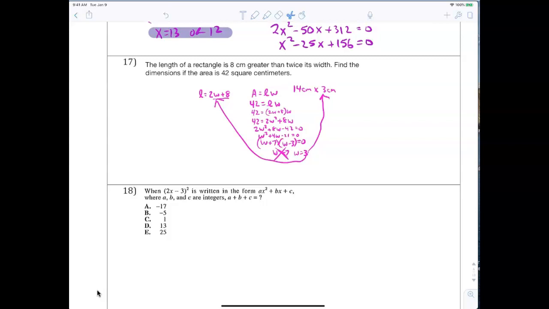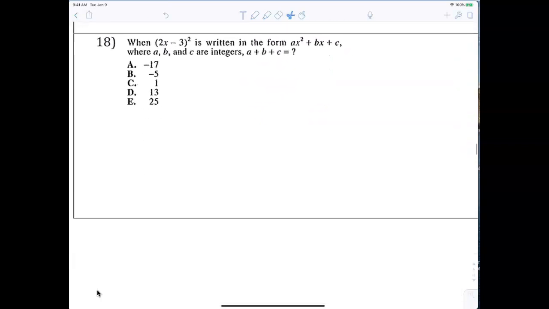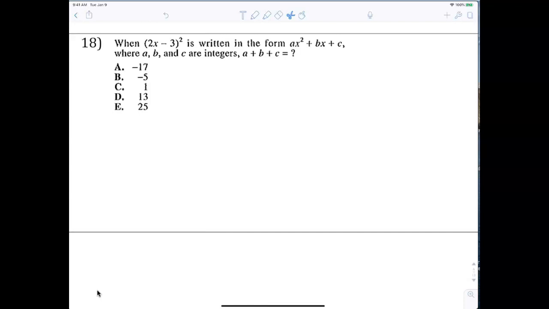Now for number 18. I thought that was a good problem too. And hopefully we don't have to do this one. So far I got a C. What do you think? If I multiply 2x minus 3 times 2x minus 3, that's going to be 4x squared.